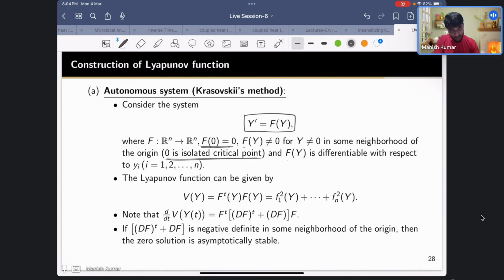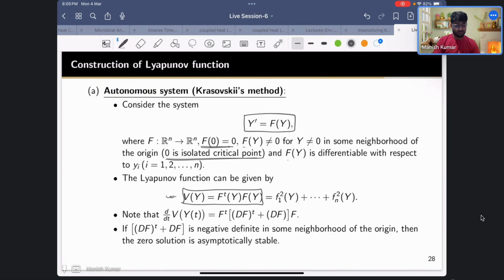Then you can give the Lyapunov functional as this one. In all the earlier cases you can try this kind of functional, and this is one of the obvious ones where you don't need any kind of manipulation. Just look at this kind of functional v. But all this construction, let me tell you, is mainly for when you want to check asymptotic stability.